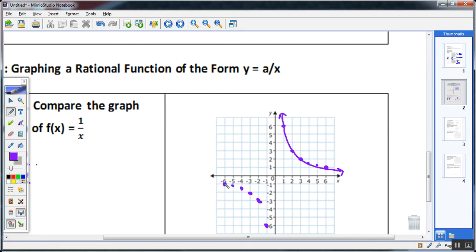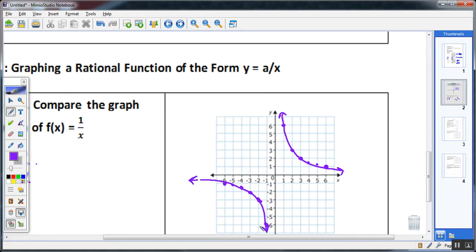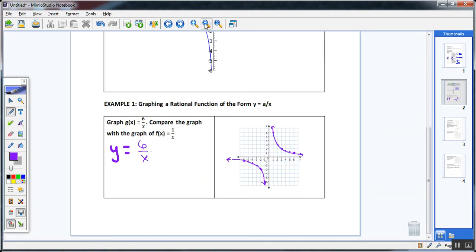Okay, now I want to talk about this. How does that compare if I read the directions, and I'm going to graph both of them in decimals? How does that compare, kids? How does that compare to the graph of f of x equals 1 over x? Okay, all we did was plug points in.